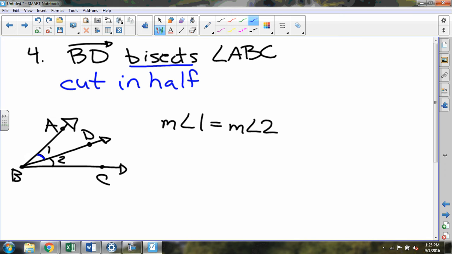Because these angles are the same size, the overall angle is twice as big as the small one. And so a second type which can arise is saying double a small angle to equal the overall big angle. And these equations only work because of the word bisect. We know that it was cut into equal sized pieces.